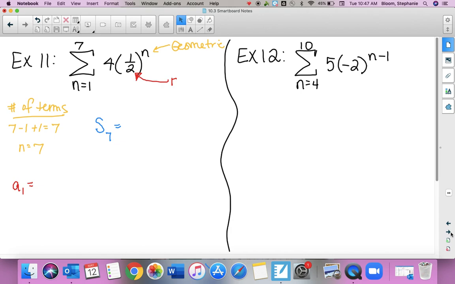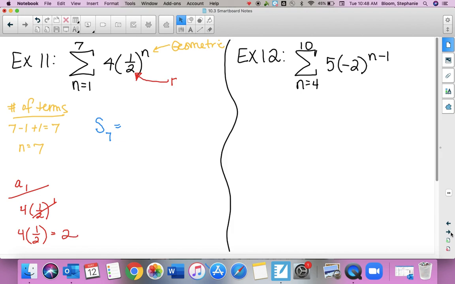Okay, so let's go down here and find our first term. All I'm doing is taking 1 and plugging it into my n. When I do that, a half to the 1 is a half, and 4 times a half is 2.